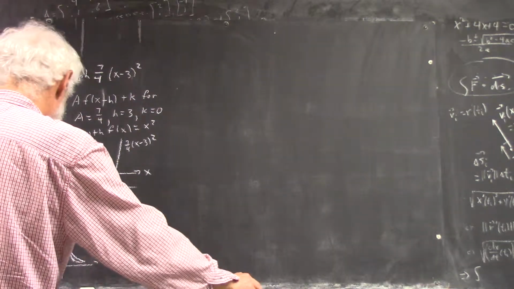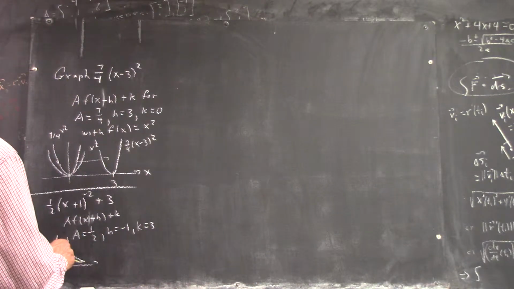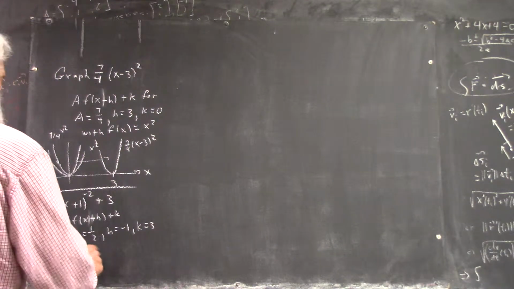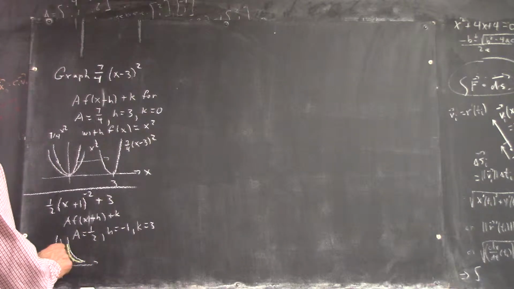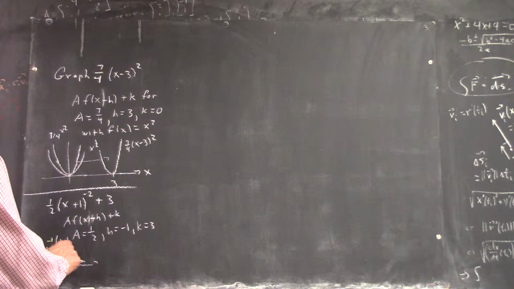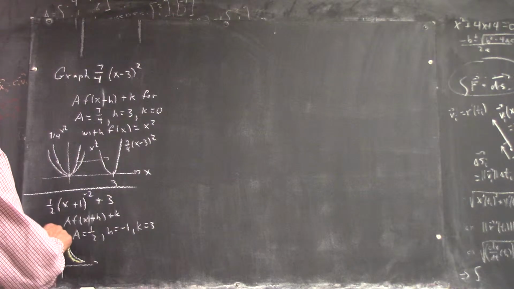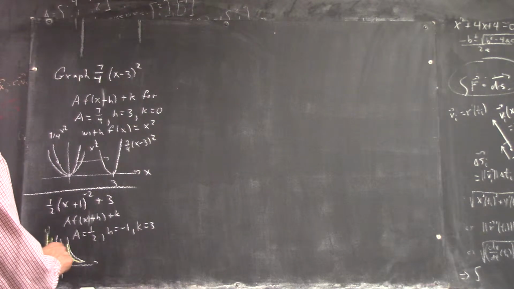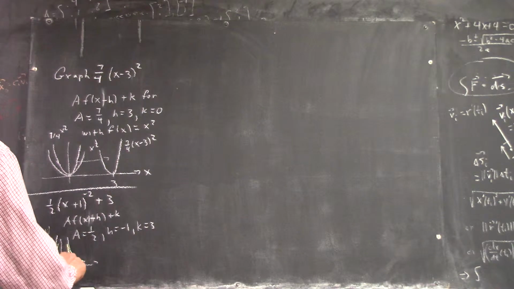And since that's kind of close to the other one, let me use a different color. Okay? And then you shift it over -1 unit. And that takes the y-axis over to -1 and gives you a graph that looks like this.